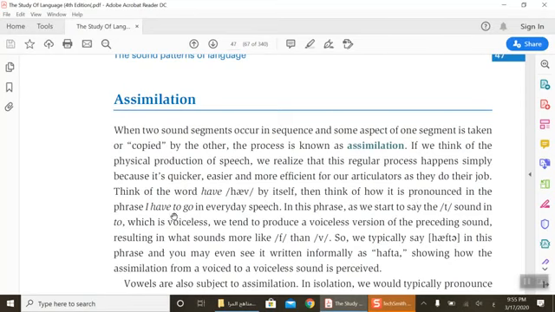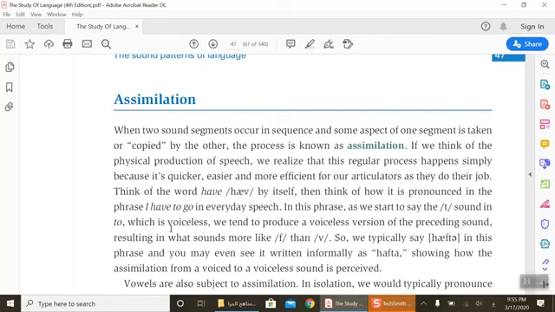In everyday speech, they don't say I have to go. They say I hafta go.